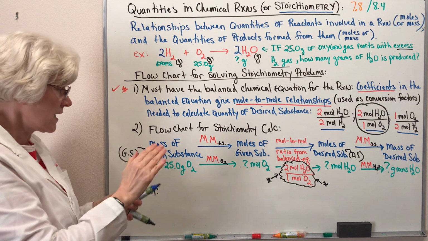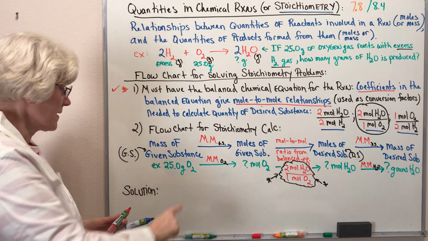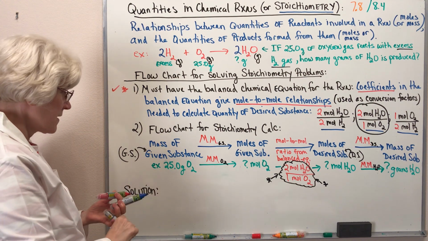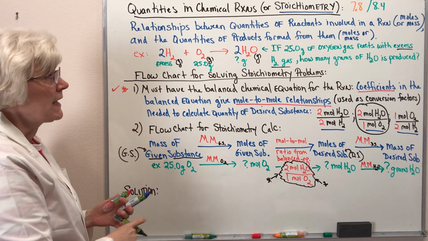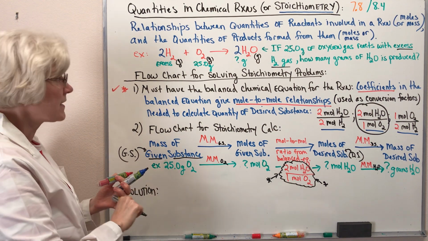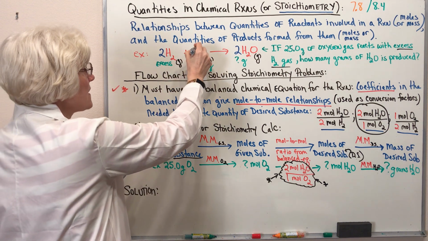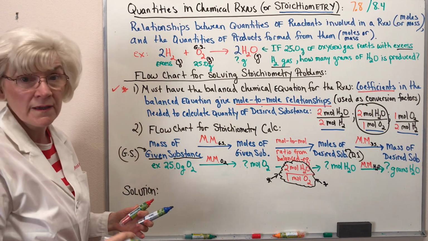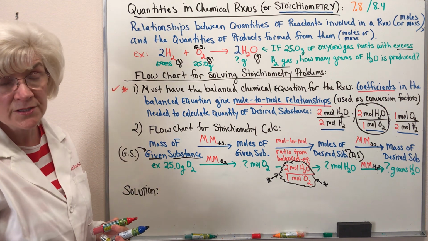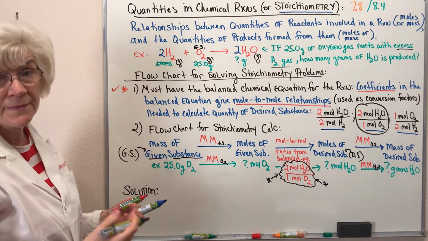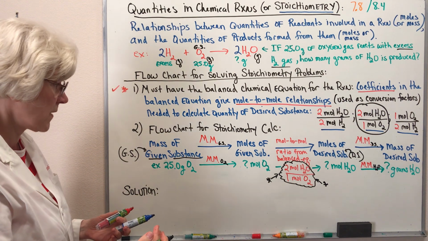You're told information about something. That something is called the given substance, what they tell you about. In this instance, our given substance is oxygen gas. We were told that there are 25 grams of oxygen gas that is reacting. That's the information that's provided to us.